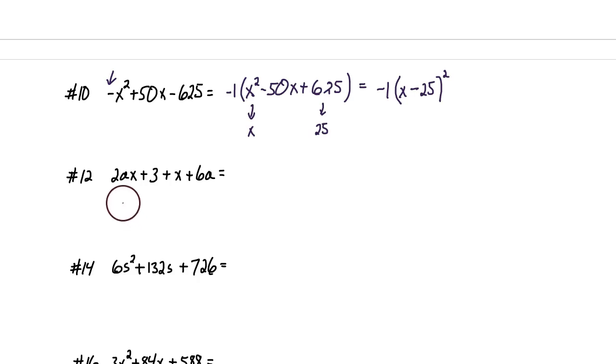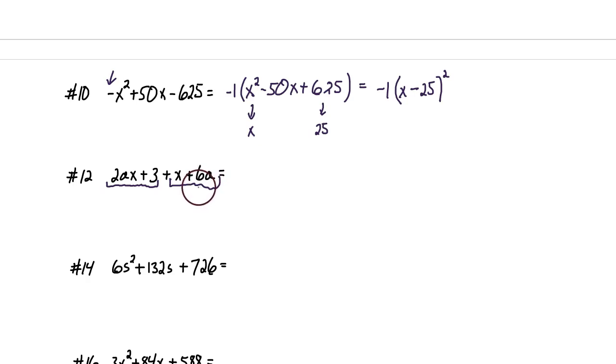Number 12. This has 4 terms. So let's try that grouping method. Make a binomial and then make another binomial. In the first binomial, look for a greatest common factor. There isn't one other than 1, nor is there in the second binomial.